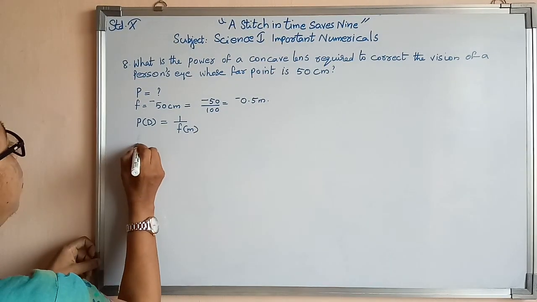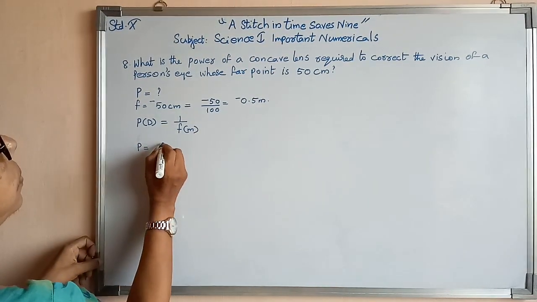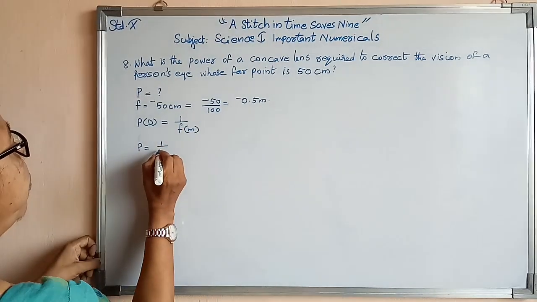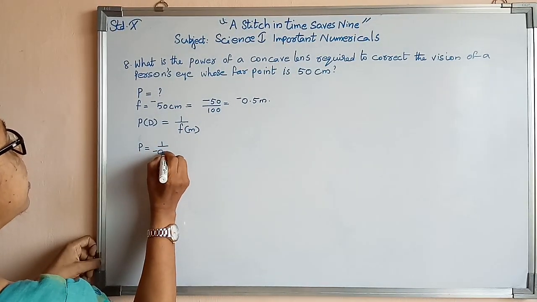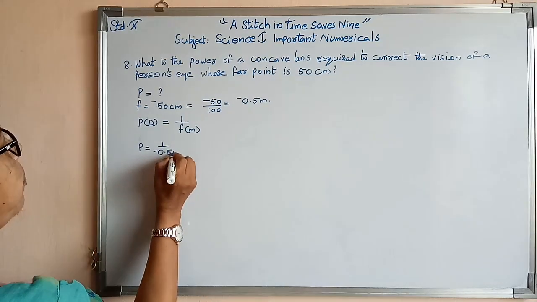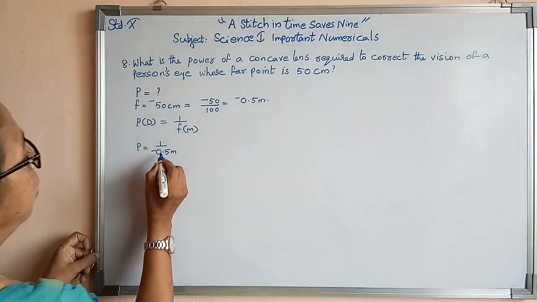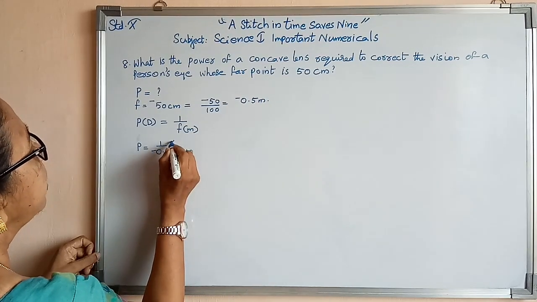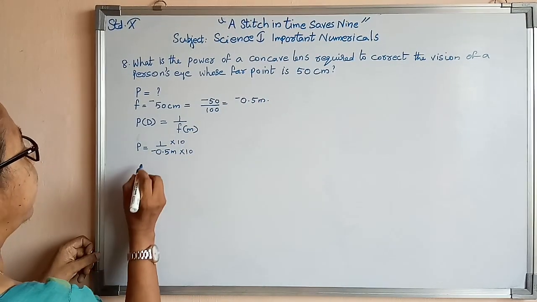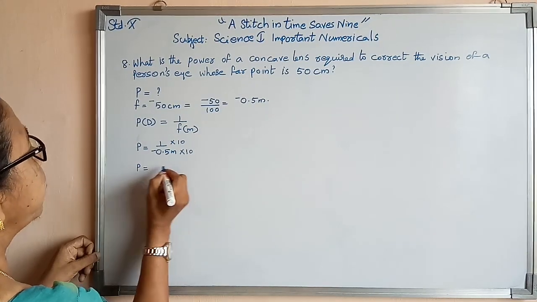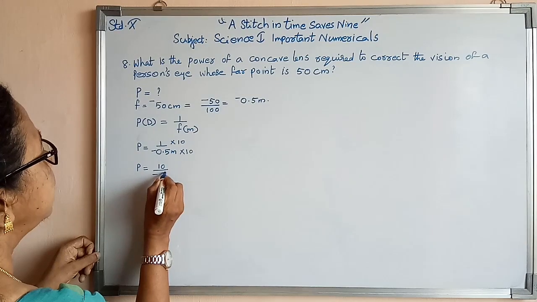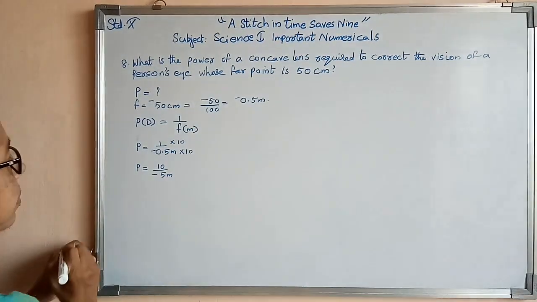So here P is equal to 1 upon f, which we have already found out, minus 0.5 meter. Now this decimal we have to remove, multiply with 10. Similarly here also you have to multiply it with 10. So P is equal to 10 upon minus 5 meter.